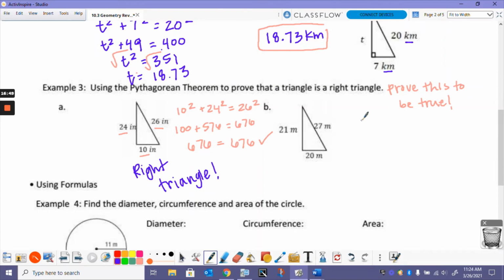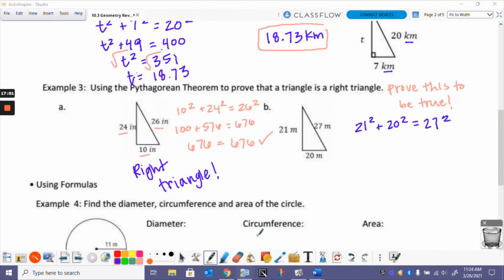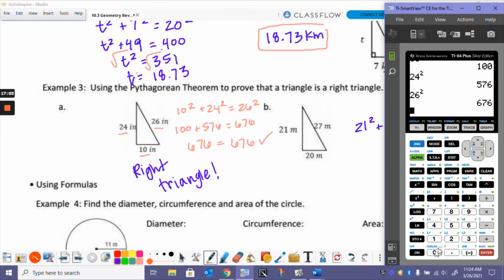All right, let's go ahead and do B. So we should have 21 squared plus 20 squared equals 27 squared. All right, so let's go ahead and work all those out. So 21 squared, 441. 20 squared, 400.